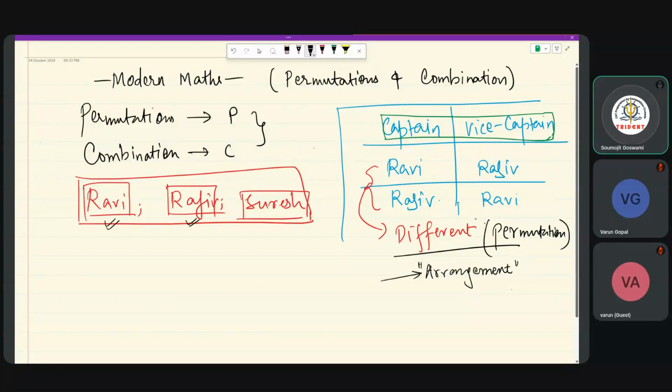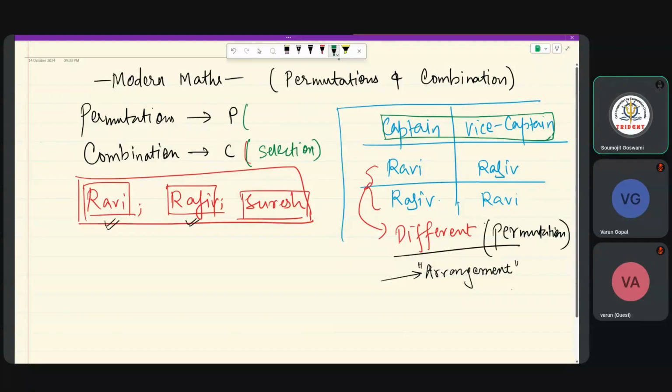Now, I am pretty sure in your school standards, if you have had the fortune of going through modern maths in your school, your teachers may have told you that a separate word for this combination is selection. Okay.